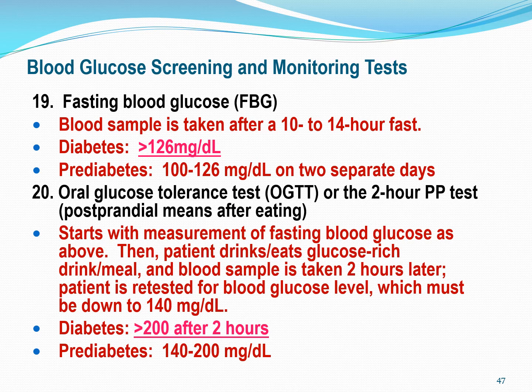If it's greater than 200 after 2 hours, then you can be diagnosed as a diabetic. If at 2 hours it's still between 140 and 200, then you can be diagnosed as a pre-diabetic. This is important because we want to catch these people before they become full-blown diabetics, because it is easier to get them to lose the weight, exercise and change their diet to prevent this from happening.